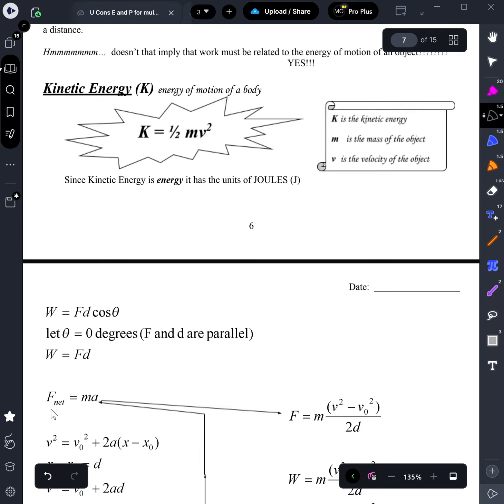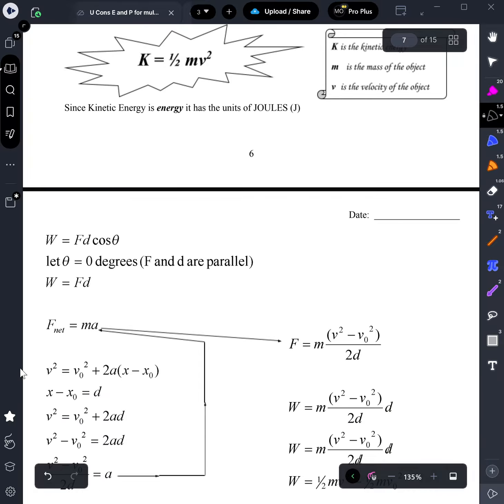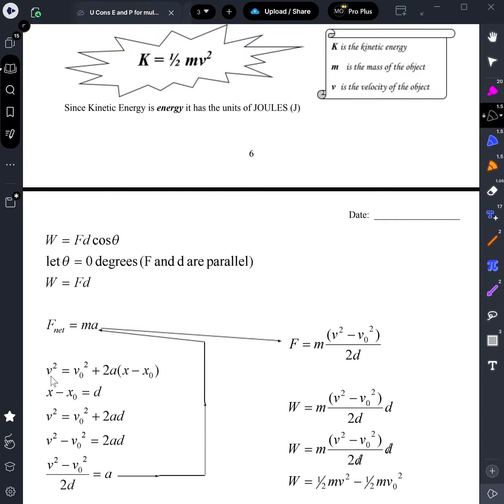Now, using F net is equal to ma and the kinematics equation, v final squared is equal to v initial squared plus 2a times the quantity x final minus x initial, and replacing x final minus x initial with d, we can do a little rearranging to determine a value for a as v final squared minus v initial squared over 2d. Then we can plug that value for a into F net is equal to ma. So we'll get that F is equal to m times v final squared minus v initial squared over 2d.